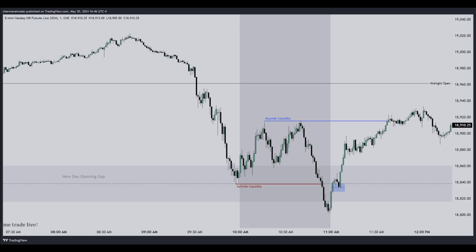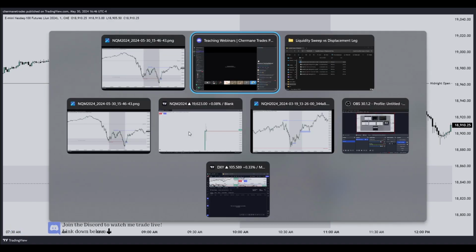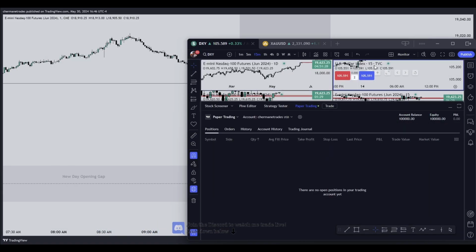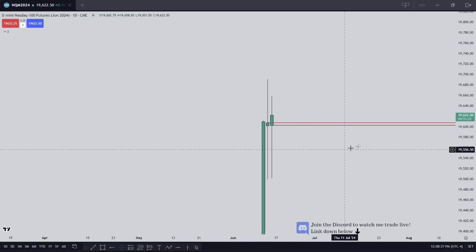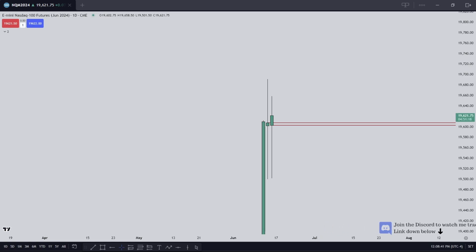Go over the AM session. Let's do it. Actually, the AM session was kind of trash. I don't know if it's worth it. Let me see. Yeah, we ended the AM session early. It wasn't doing anything exciting. But let me change my screen.